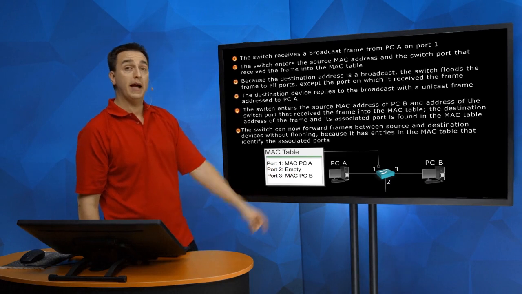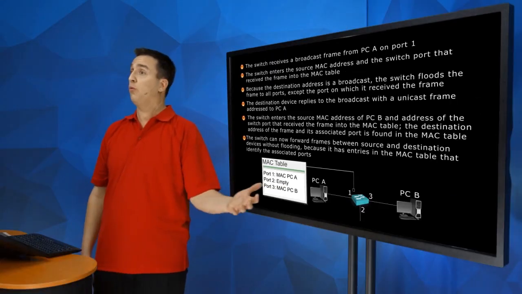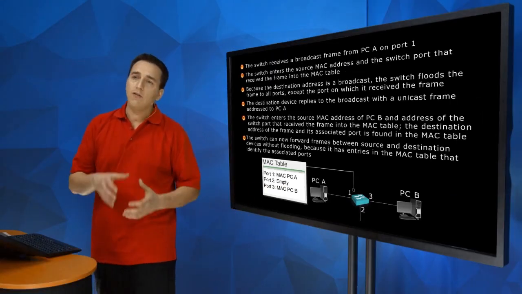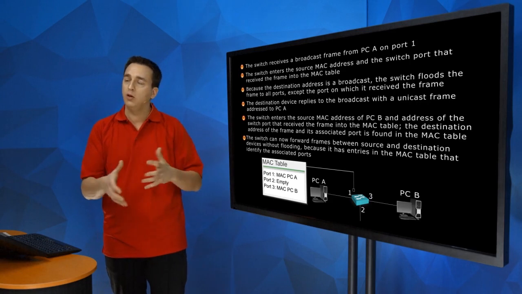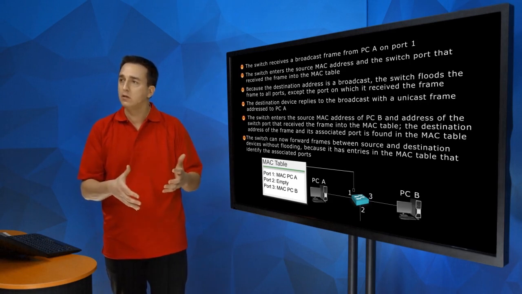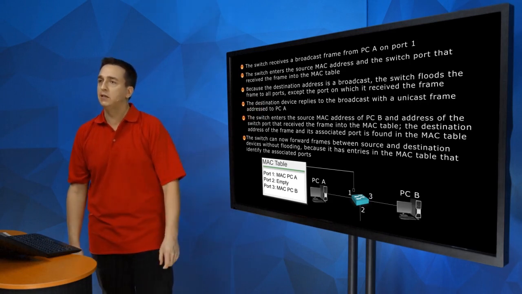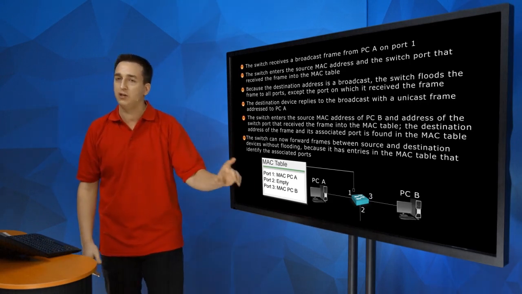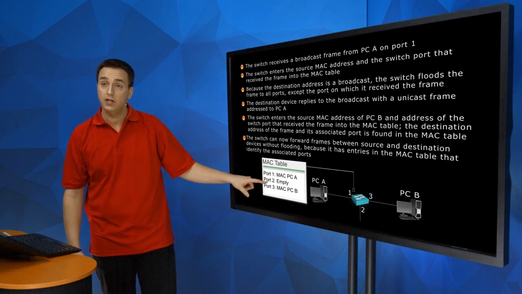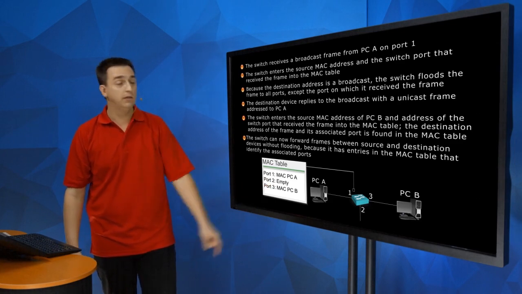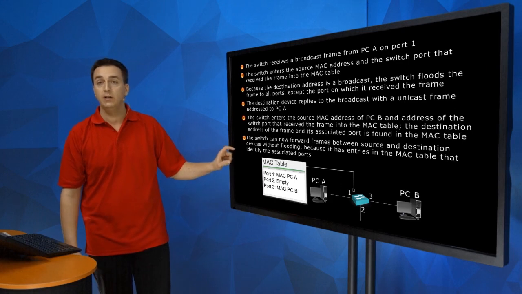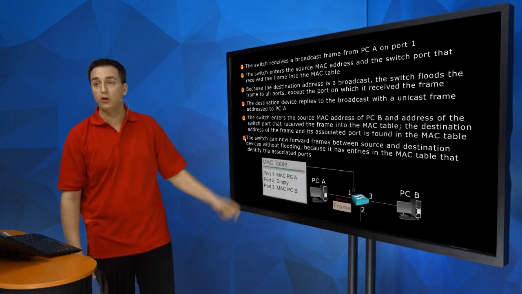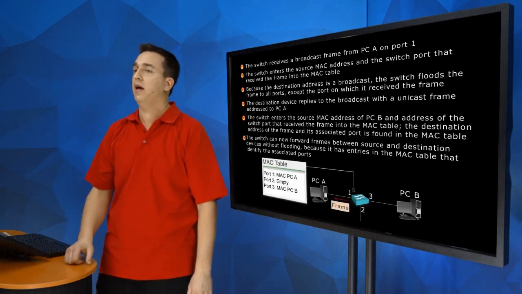Ooh, according to my MAC address table, PCA lives out port 1. So do I have to flood the frame out all ports except the port it came in on? No, that's what I do with broadcasts. This is a unicast frame with a specific source and specific destination. Do I know where the destination is? You bet I do. It says right there, port 1. Forward it directly out that interface, directly out that interface to PCA.